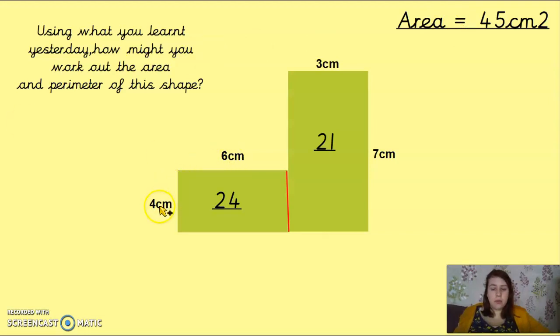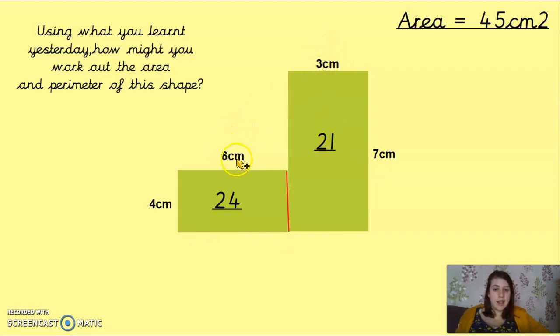Now all we need to do is work out the perimeter, but you will notice that I don't have values for all of my shapes. So I don't know how long this line is at the bottom, and I don't know how long this line is. And we use our knowledge, like we did for the warm-up, to work this out. Now I know if I went from this side of the line all the way to this side of the line, it would be the same as following this line to this line, and we've got those measurements because I know from here to here is 6 centimeters, and I know from here to here is 3 centimeters.